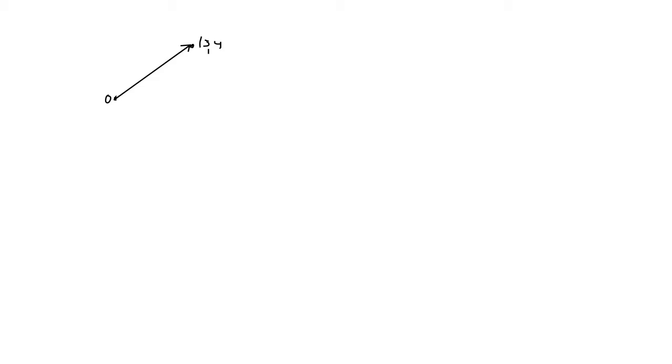This is vector A, and it has coordinates 3, 4. Well, the magnitude of the vector A is just the square root of the sum of the squares of the components.